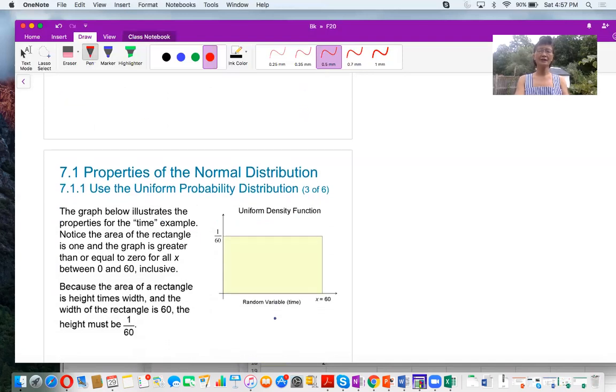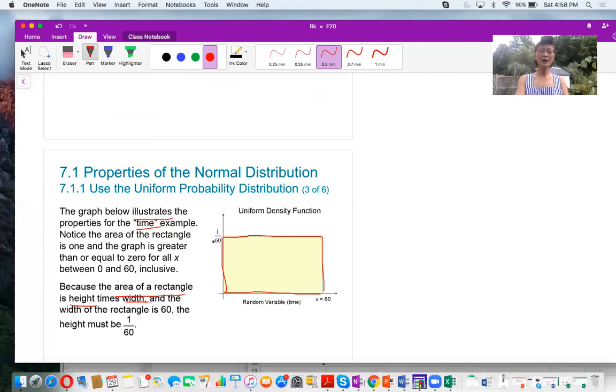Now let's look at the example we gave you before, delivering a parcel. This graph illustrates the properties for the time example. The area of this rectangle equals 1, because the area of a rectangle is the height times width.